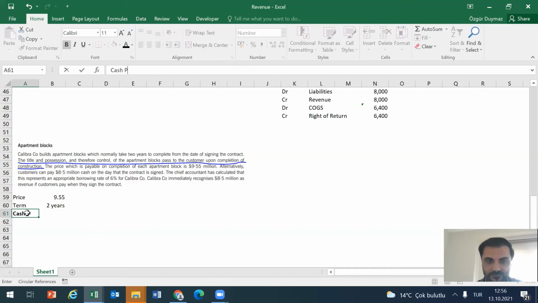Cash price, 8.5. Interest rate, 6%. Okay.